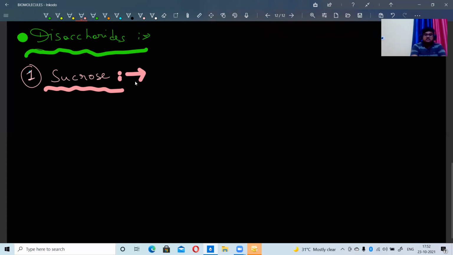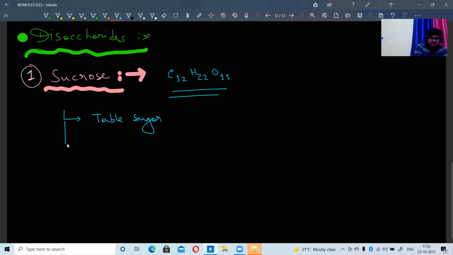Now, what is the formula for sucrose? The sucrose formula is C12H22O11. Sucrose is known as table sugar. Next, when C12H22O11 is hydrolyzed, it forms C6H12O6 as well as C6H12O6.